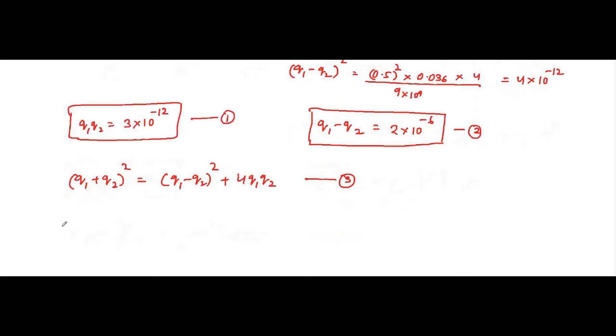So (Q1 plus Q2) whole square will be (Q1 minus Q2) whole square, that is (2 into 10 to the power minus 6) whole square, plus 4 into 3 into 10 to the power minus 12.